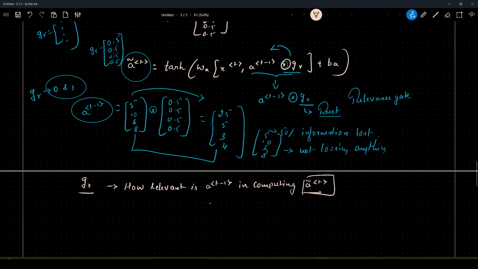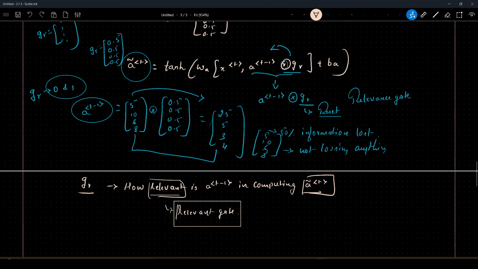Since this controls what and how much information should be passed to the candidate at time step t, I would like to call it the relevance gate. If you read it this way, how relevant is AT minus 1 in computing the candidate A bar t, you would have an idea why I like to call it the relevance gate.